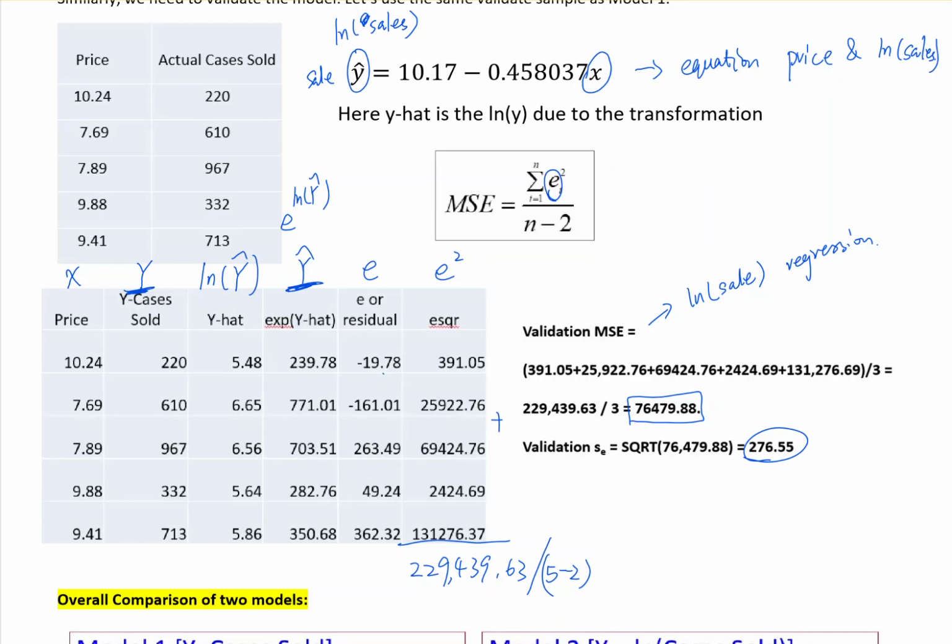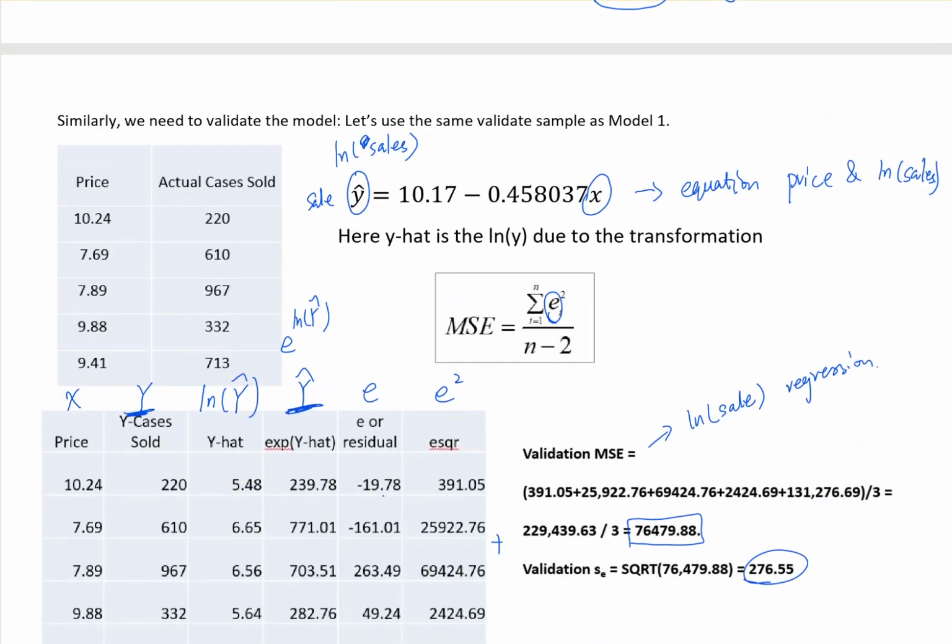If you write the model for this, it's actually the natural log of mu y equals beta 0 plus beta 1 x. In the old one, we have mu of y equals beta 0 plus beta 1 x. So actually we have two models for the same population. And now we want to compare these two with all the information we have for each model.